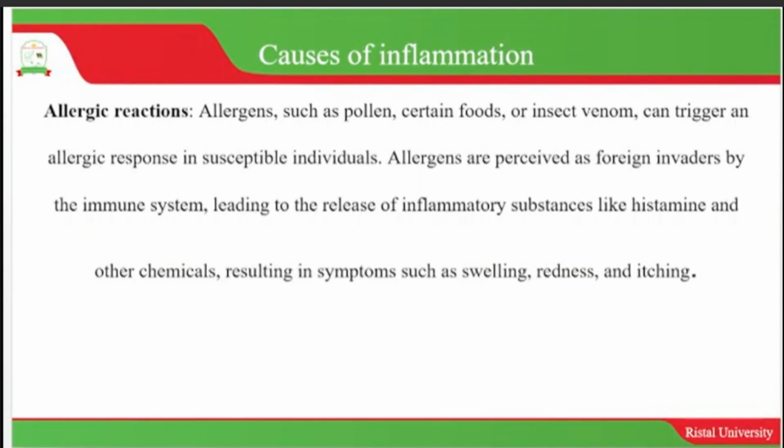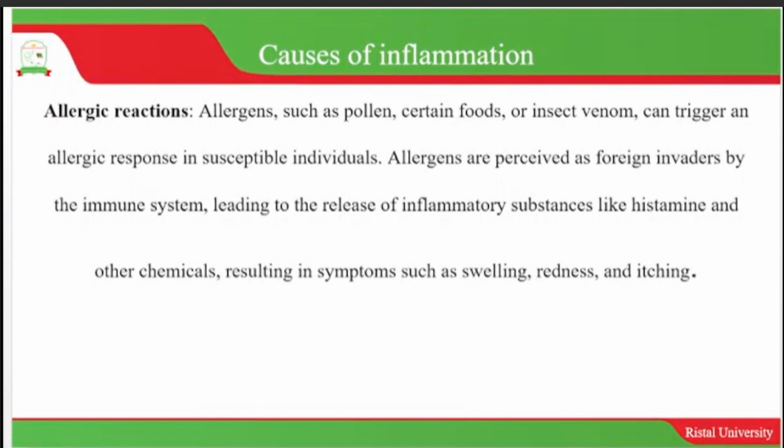So if it is not infection, it may be tissue injury or trauma. So the third cause could be allergic reactions. Allergens such as pollen, certain foods or insect venom can trigger an allergic response in susceptible individuals.